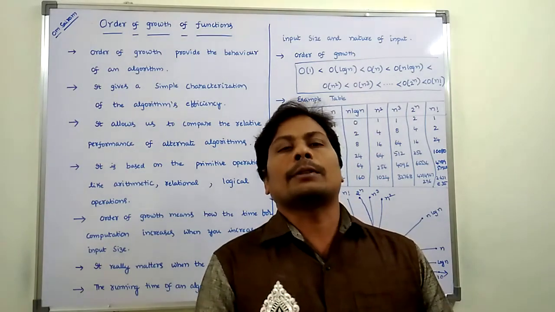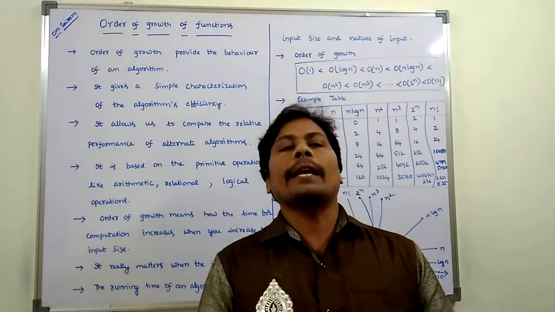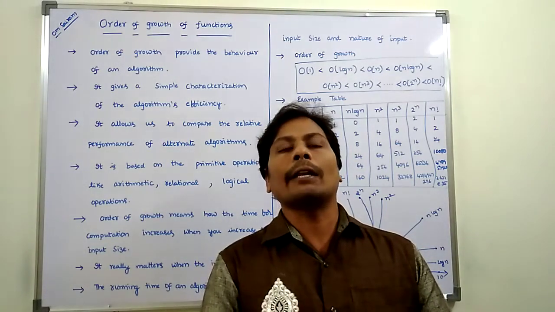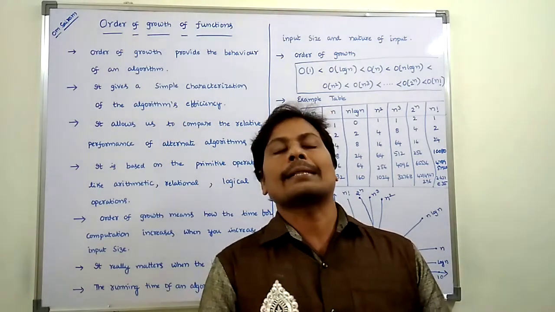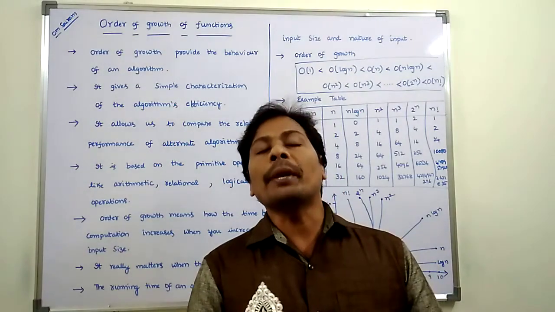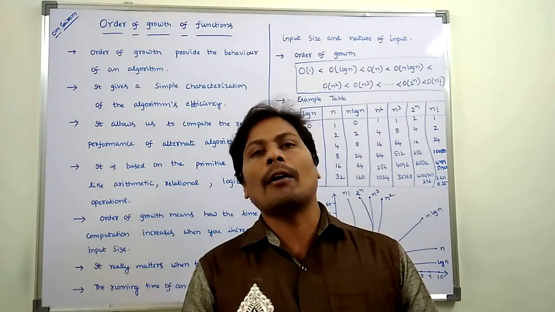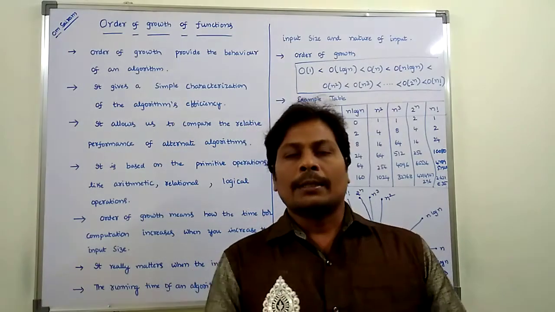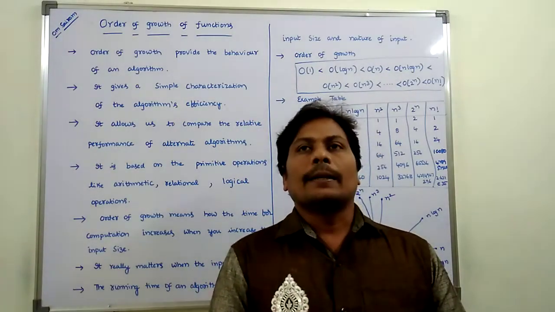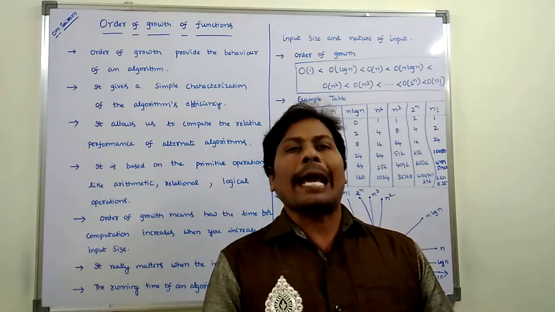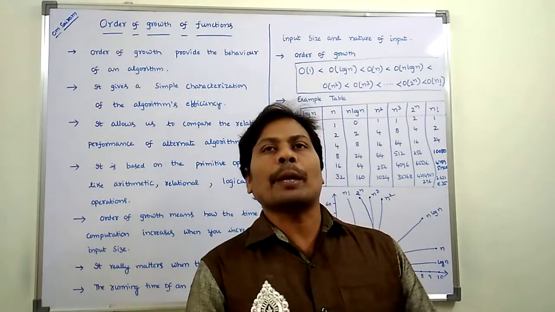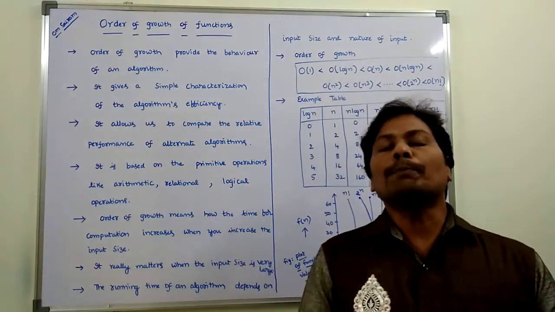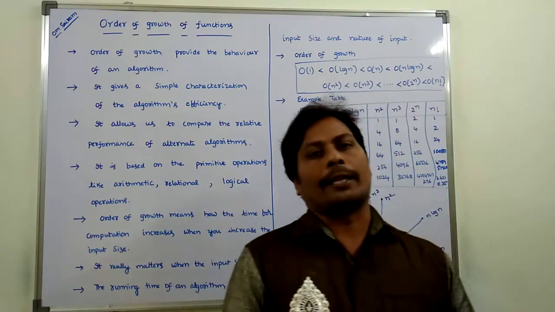Order of growth means when the input size of the algorithm increases, then the computation time of the algorithm also increases. That means the computational time is directly proportional to the input size of the algorithm.